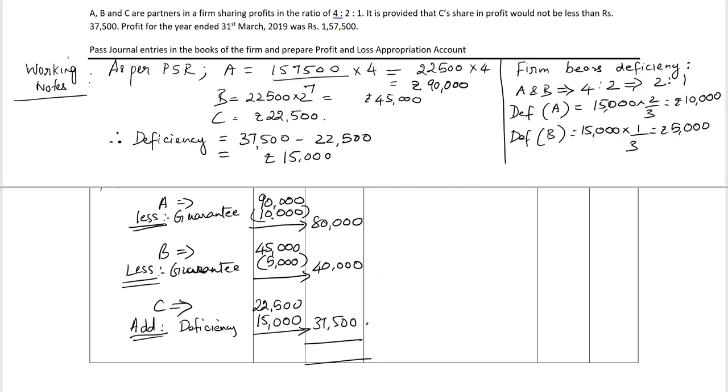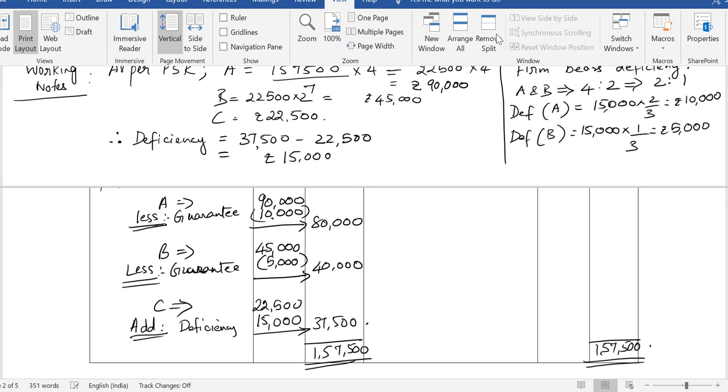Next I'll balance, which is 1,57,500 rupees. I'll remove the split and we can see the profit and loss appropriation account.